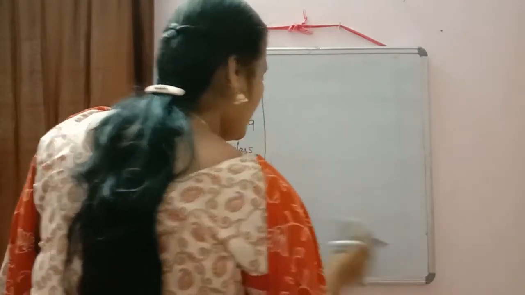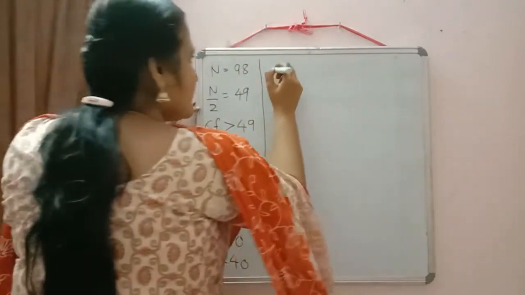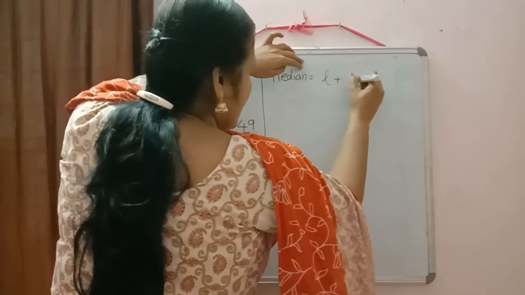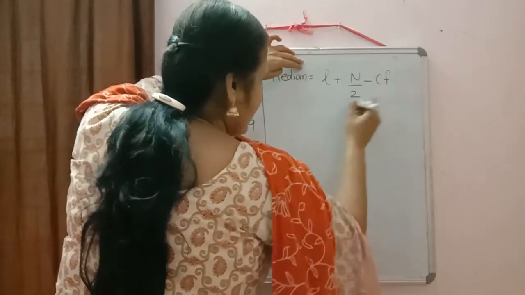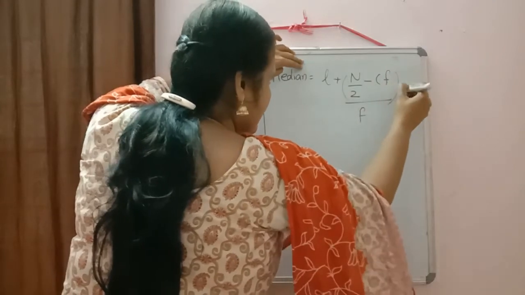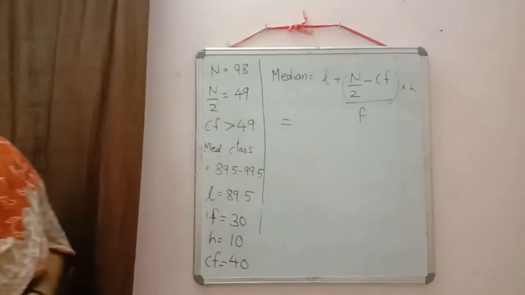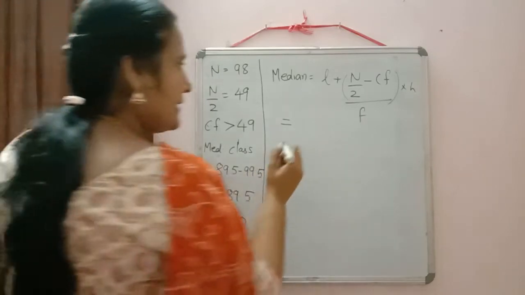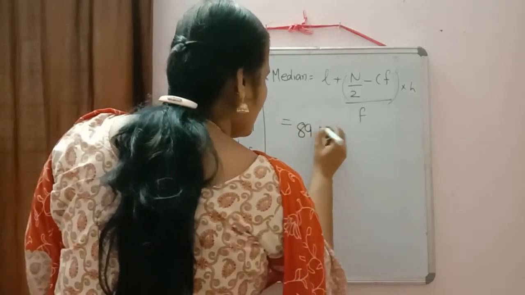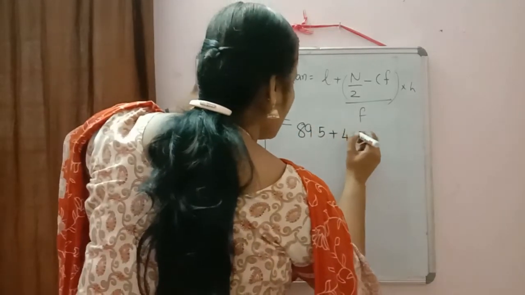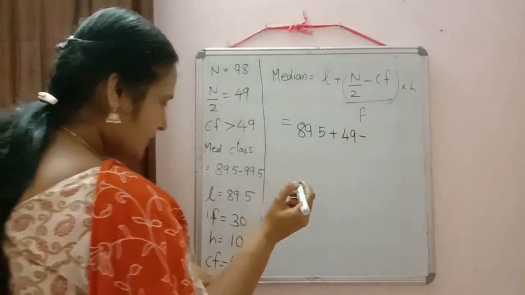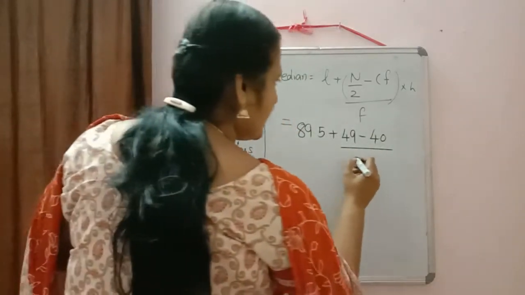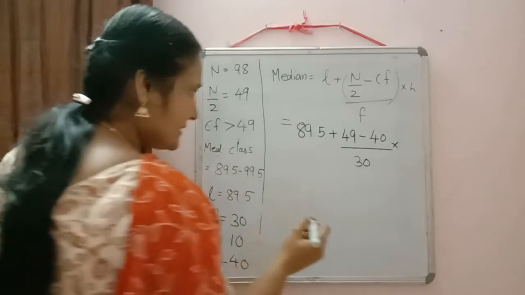Now write down the formula. Median is equal to L plus (N by 2 minus CF) by F into H. Substitute the values. In place of L we have 89.5. So write down there 89.5 plus N by 2, already calculated here, 49, minus cumulative frequency 40, by frequency of the median class 30, into H, class size, 10.